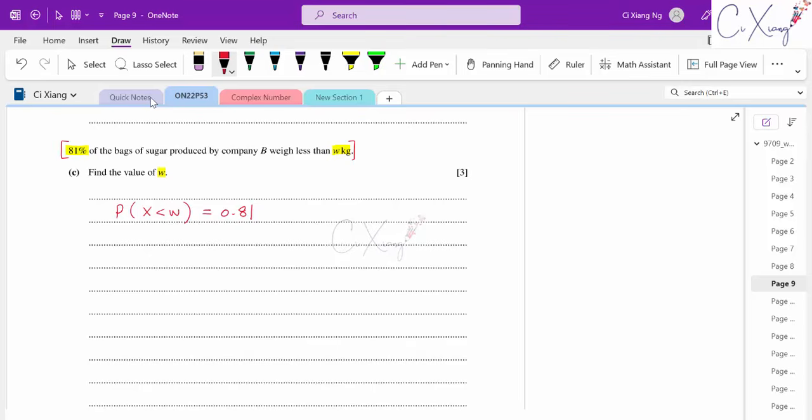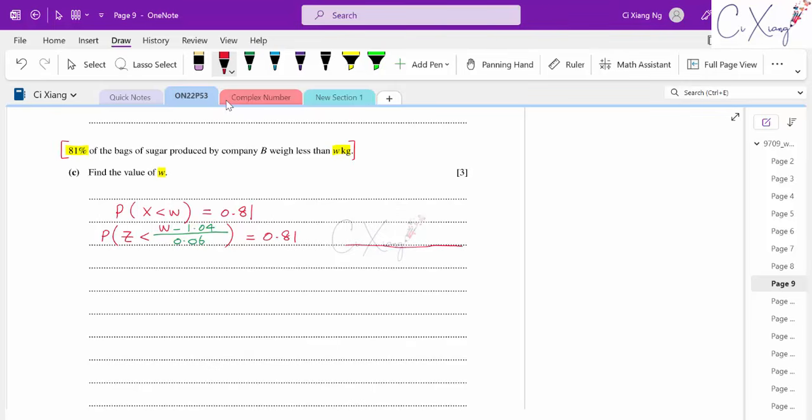We are still having X as a normal distribution. Therefore, to calculate the probability, we should standardize it to become Z, where I take the value of X, which is W in this case, minus the mean, 1.04, divided by the standard deviation, 0.06, and it equals 0.81.